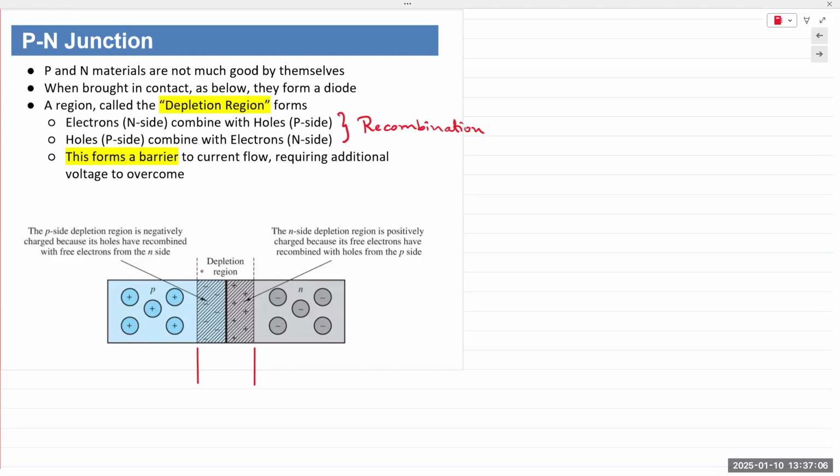because the holes and electrons combined to take out the charges, a region is created right at the junction, and that region is devoid of all charges. It is depleted of all charges. Hence, that region is known as the depletion region.